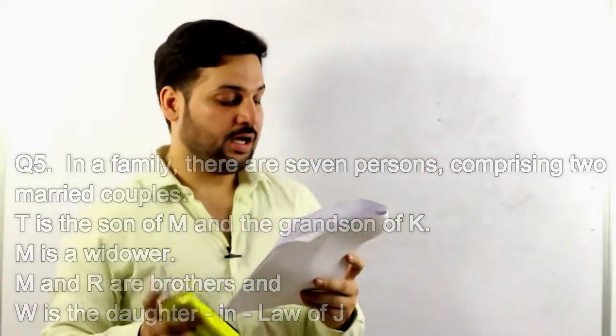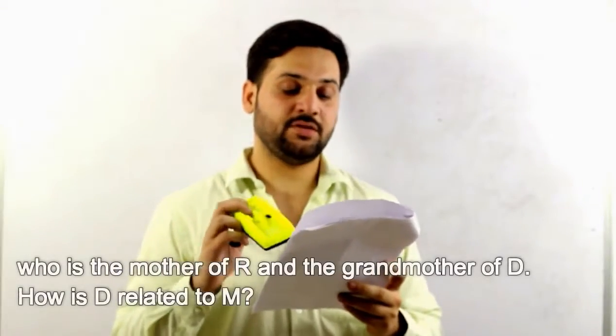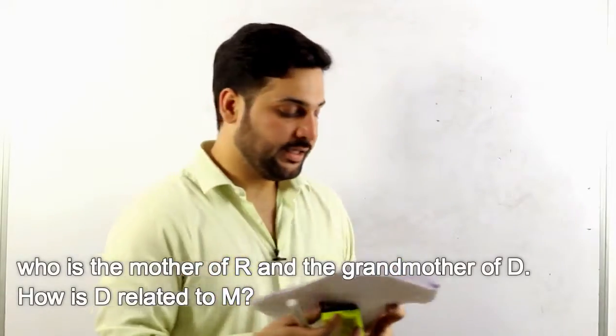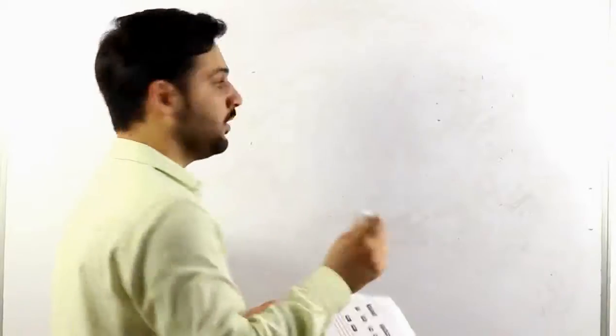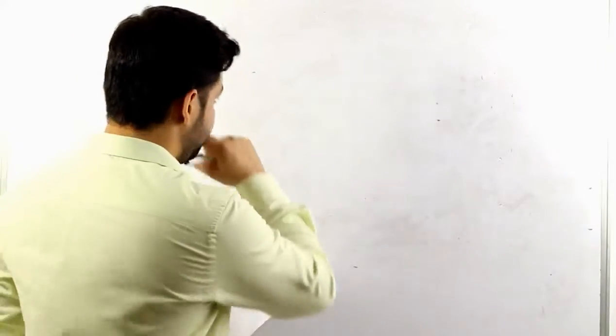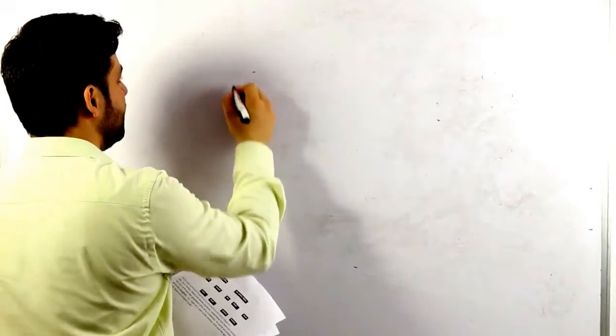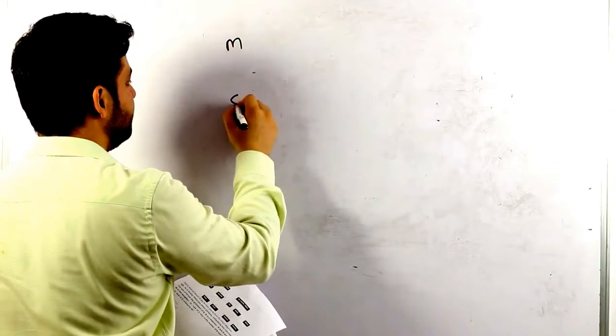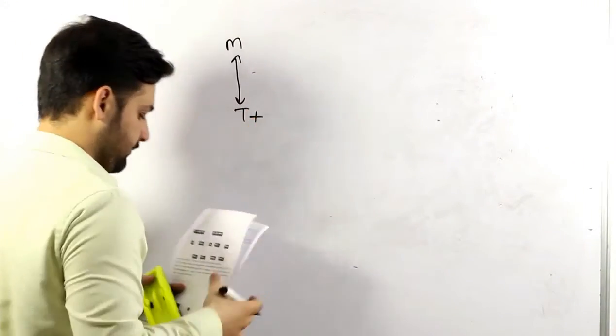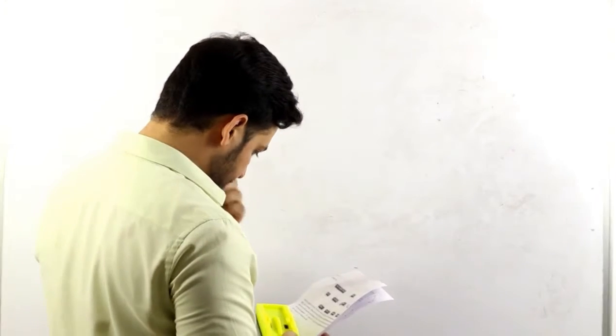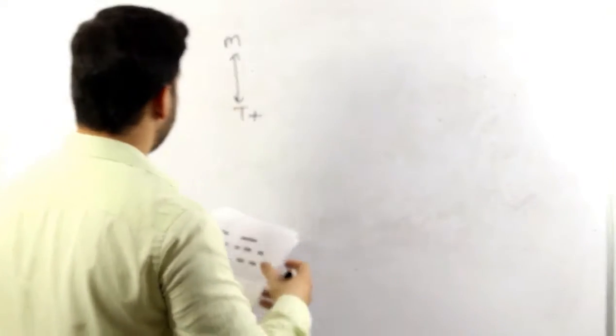In a family, there are 7 persons comprising 2 married couples. T is the son of M. We got that T is male.